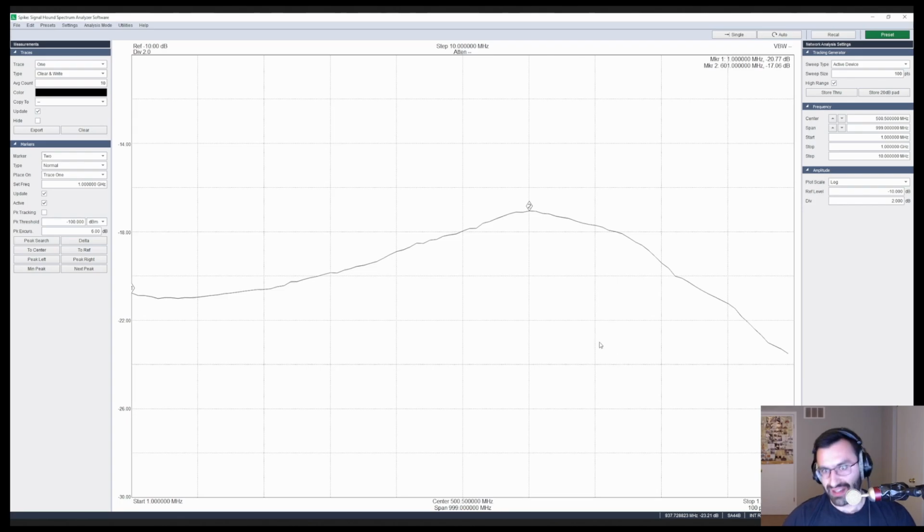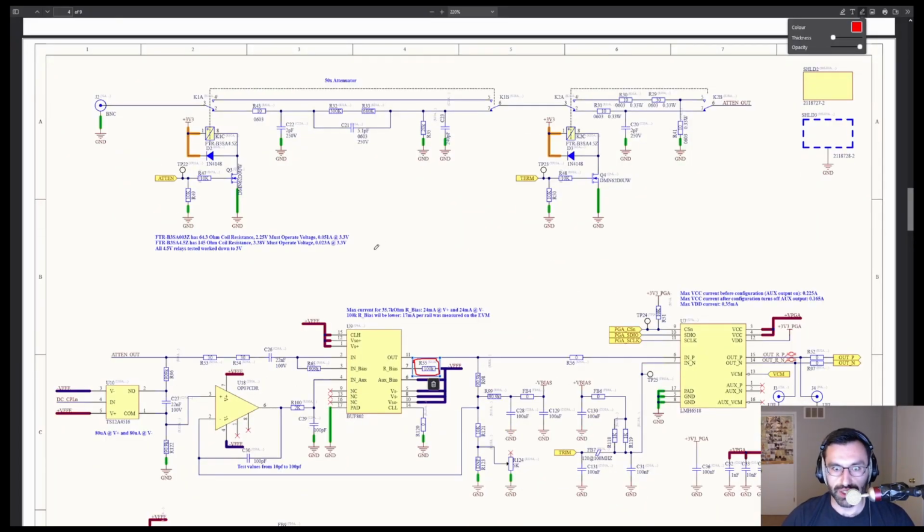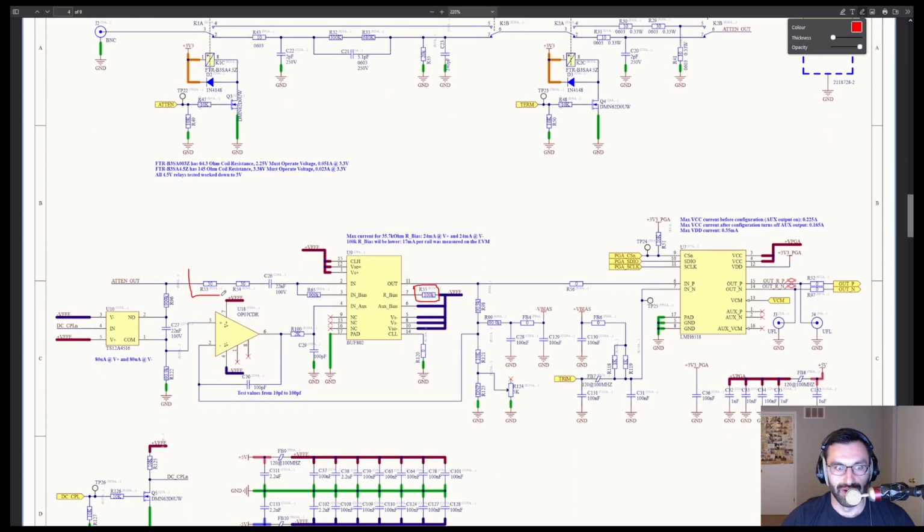So how do you fix this? Well, you can basically turn down the bandwidth of the rest of the system, or you use a different trade-off to your advantage. You trade off bandwidth to improve peaking, but also to improve your maximum input voltage range. And that's why we have two 30 ohm resistors right here.